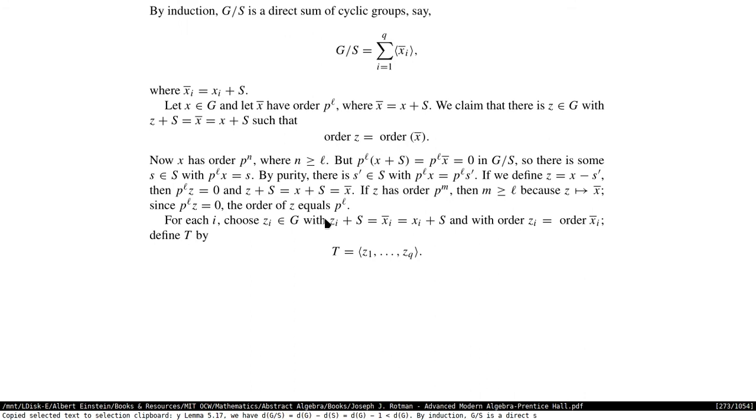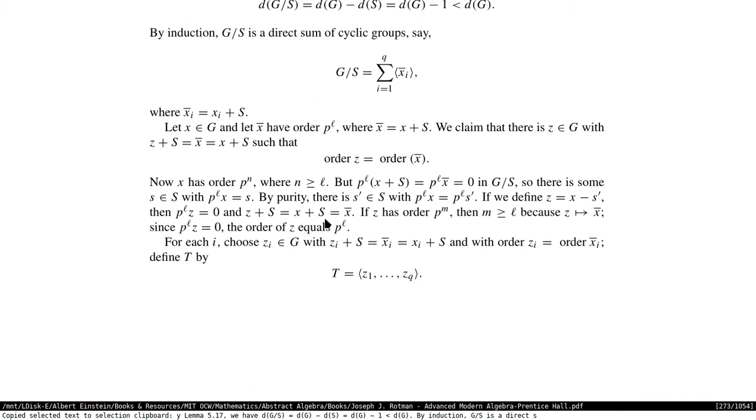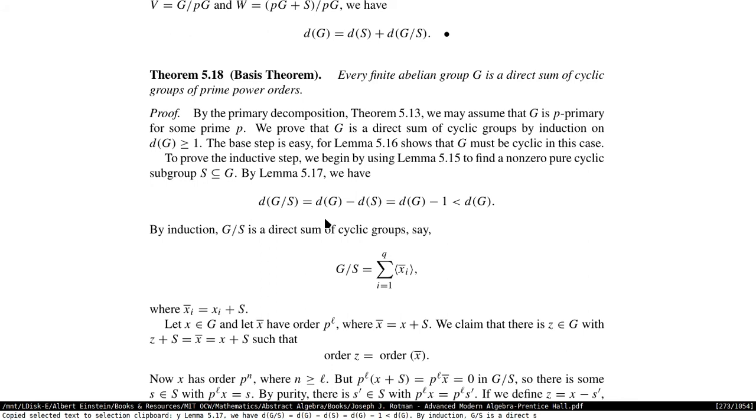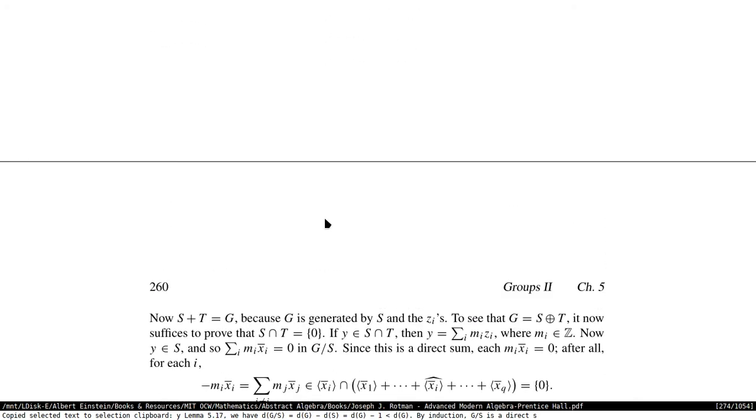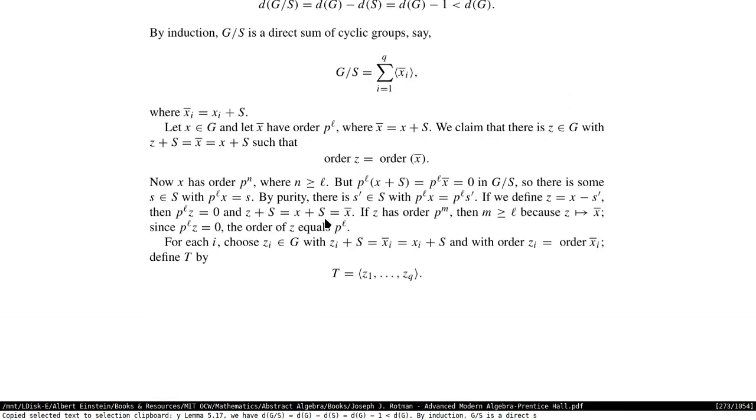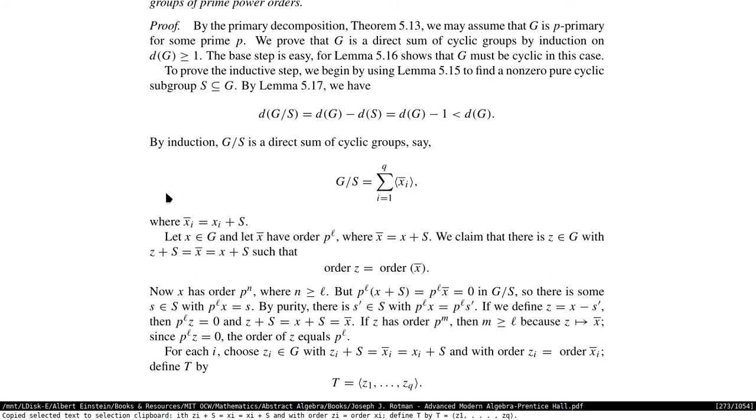When you add that with the elements of, yeah, I mean, your t is generated by these zi's. So when you have s plus t, you will have something from s, that is these xi's or whatever, and then you will add that with z, right?